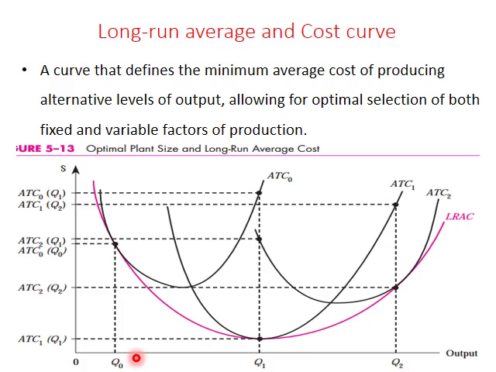The long run average cost curve intersects the short run average total cost curves, as you see. So it shows the different combinations of average total cost and output.